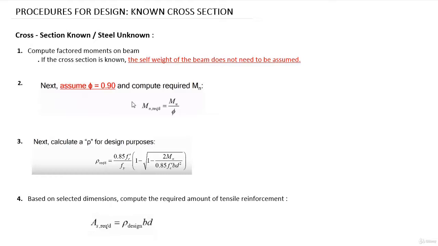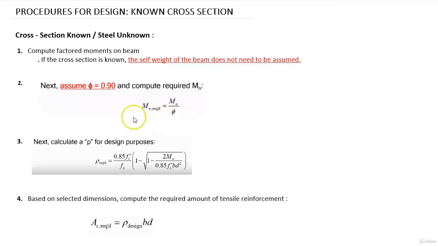We always want our beam to be tension controlled because when it tries to fail, it gives us some warning that the beam is going to fail. So we always try to make our phi value 0.90.